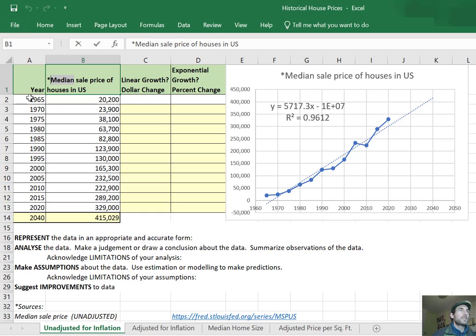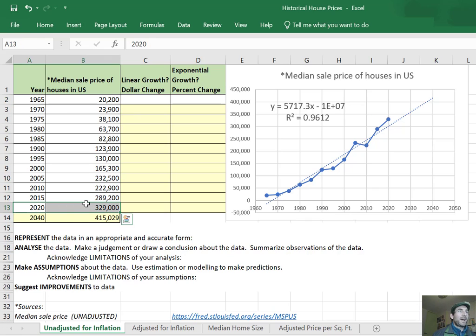So that means in 1965, half of the houses sold in the country were sold for less than 20,000, so it could have been 5,000 or 10,000 or 15,000 or whatever, and half of them were sold for more than 20,000, so like 30,000, 45,000, 22,000, whatever, right?